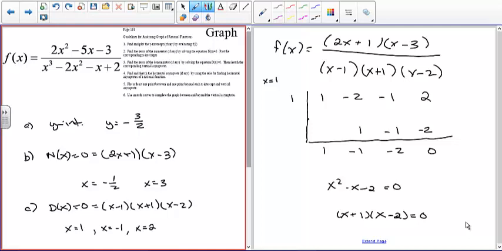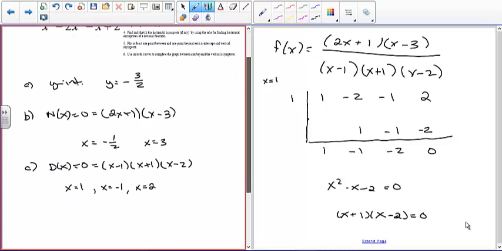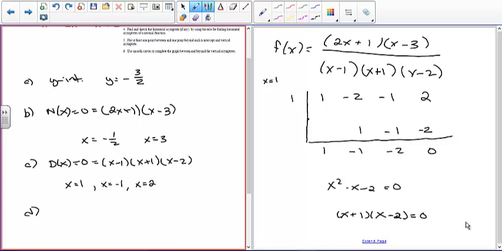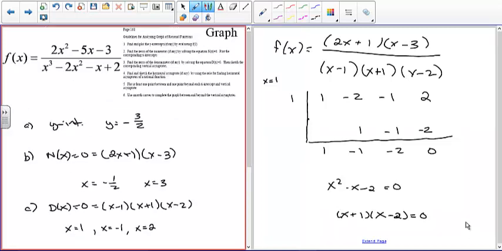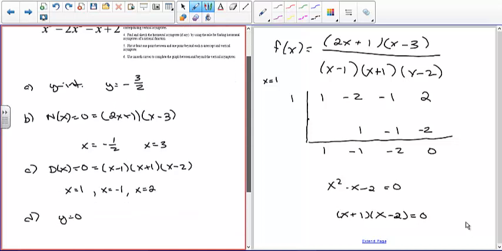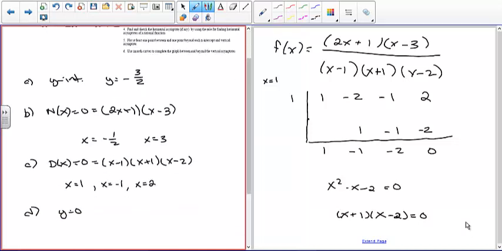And then our horizontal asymptote is just going to be y equals 0, because the order of our numerator is 2 and the order of our denominator is 3, and because 2 is less than 3, the horizontal asymptote is that.